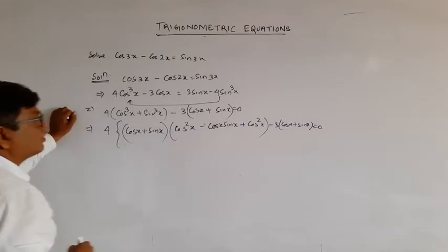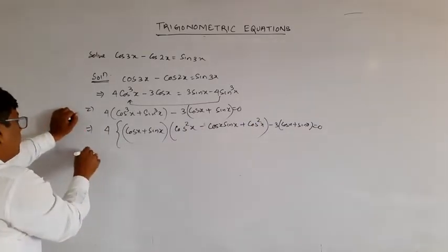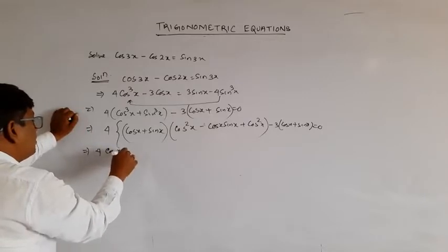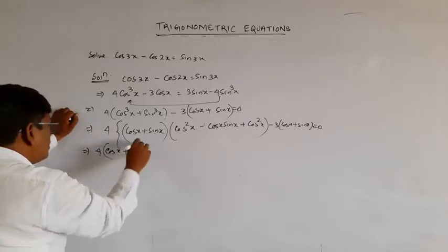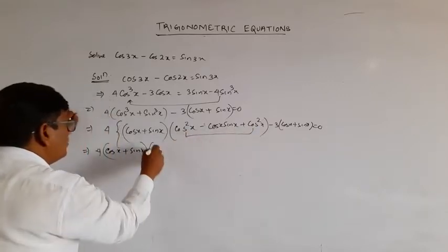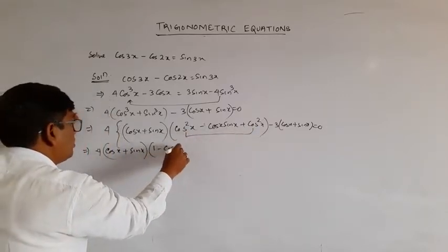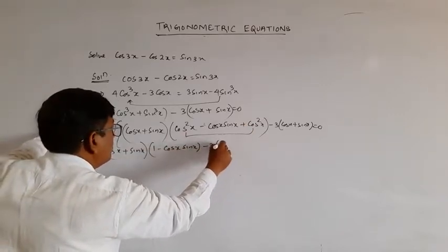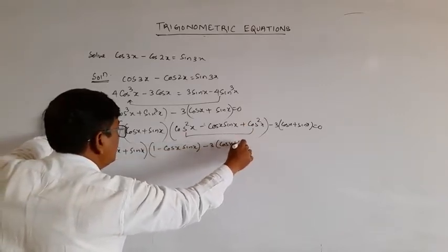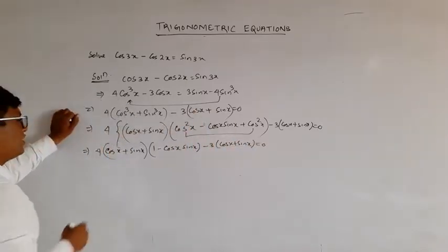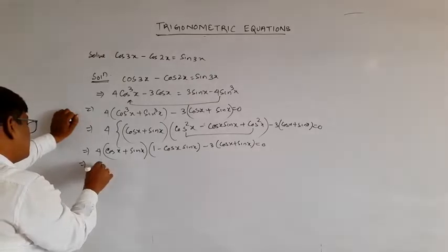So here that is 4 into (cos x plus sin x) into (cos square x plus sin square x, that is 1, minus cos x into sin x) minus 3 into (cos x plus sin x) is equal to 0. So take cos x plus sin x as common.